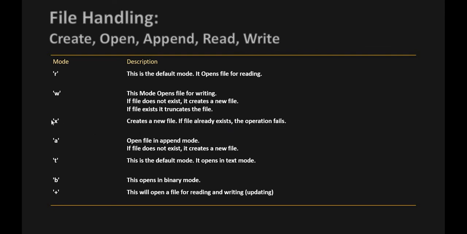So this is a kind of security, for example, because write will directly override the file without any prior message or prior alarm, okay? But with the X you will be able to see that, okay, there is something with the same name that exists in the same folder, so you have to pay attention just to not lose the data. There is also T, which is the default mode, it opens in text mode, okay, and B, which means binary mode, okay. We will talk about this in the next videos.